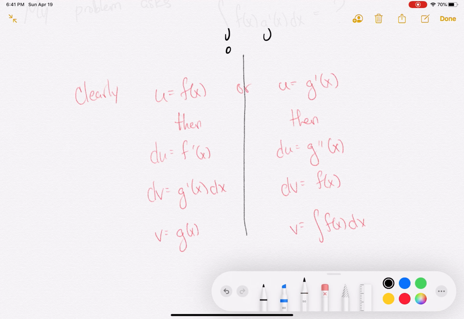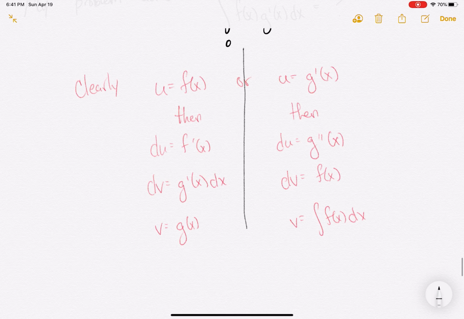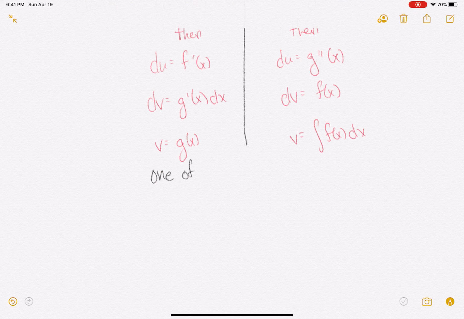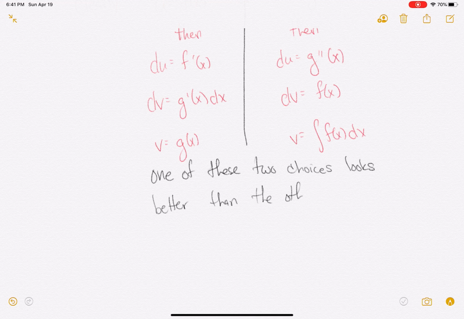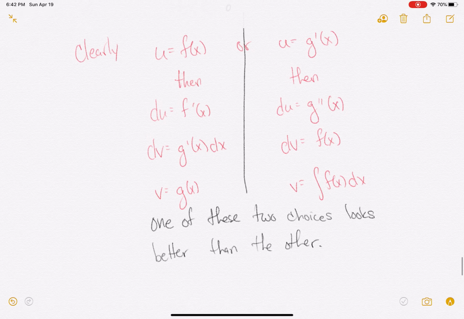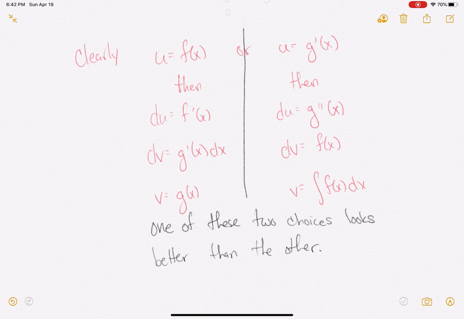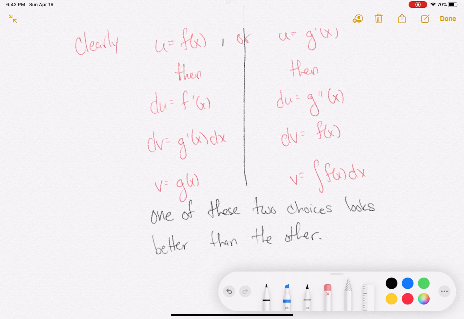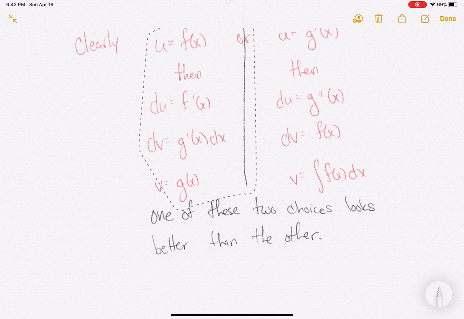One of these two looks better than the other. That's all I have to say. One of these two choices looks a little bit better than the other, and I think everybody can agree that in the case on the left, those are all terms that we kind of have seen.